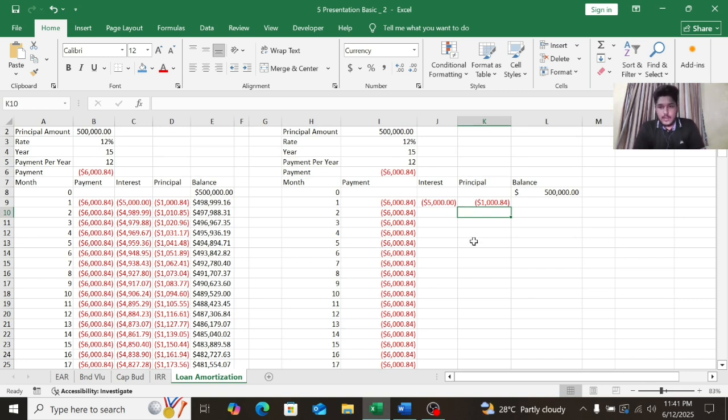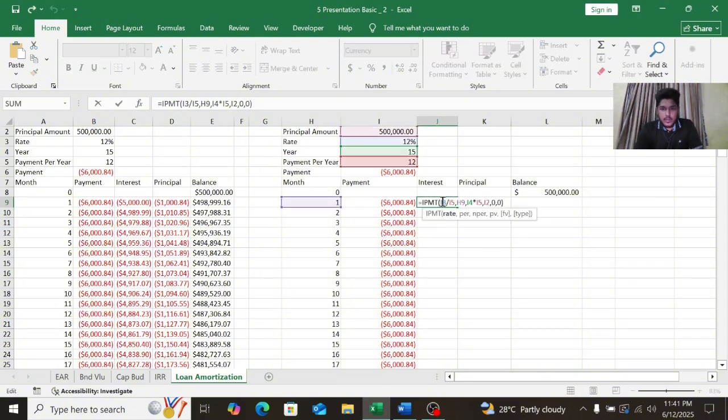Now if we want to drag along, we have to make something fixed. For this we're going to make this constant fixed, as our rate is not going to change. Our per will not remain constant, it will change as we drag, so we're not going to fix that one. I'm going to fix the rest, and our balance value also remains fixed.